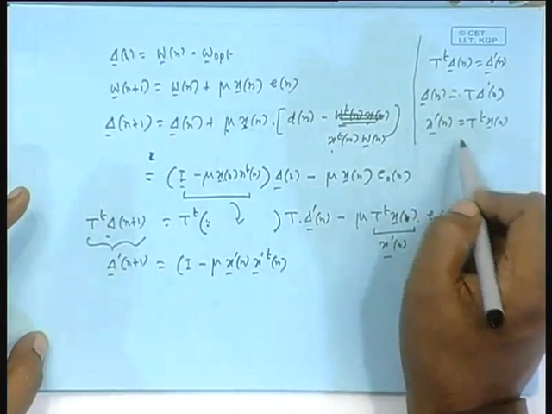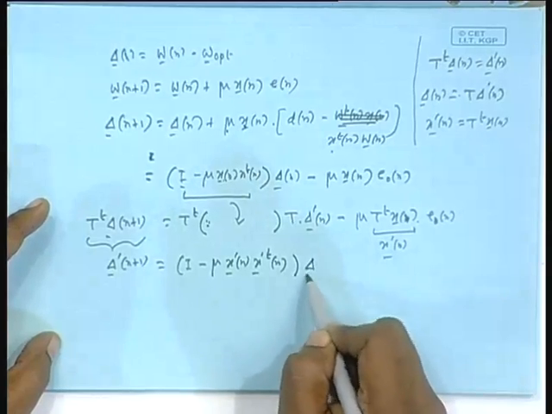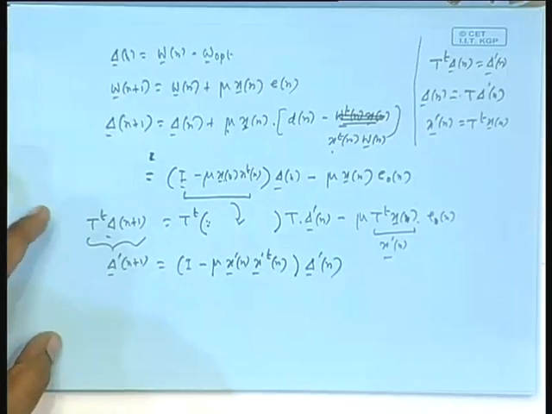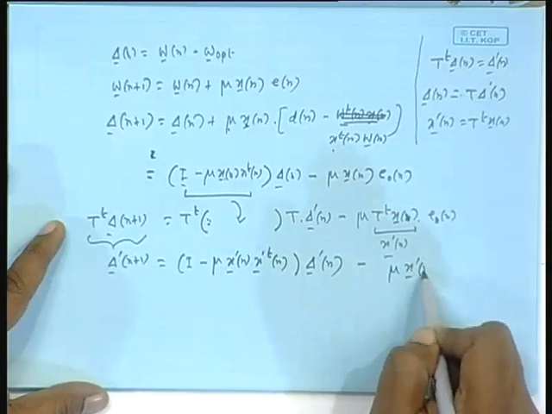If you take the transpose of this, you get x transpose T. So that time delta prime n, okay, minus mu, this is as it is E O n.